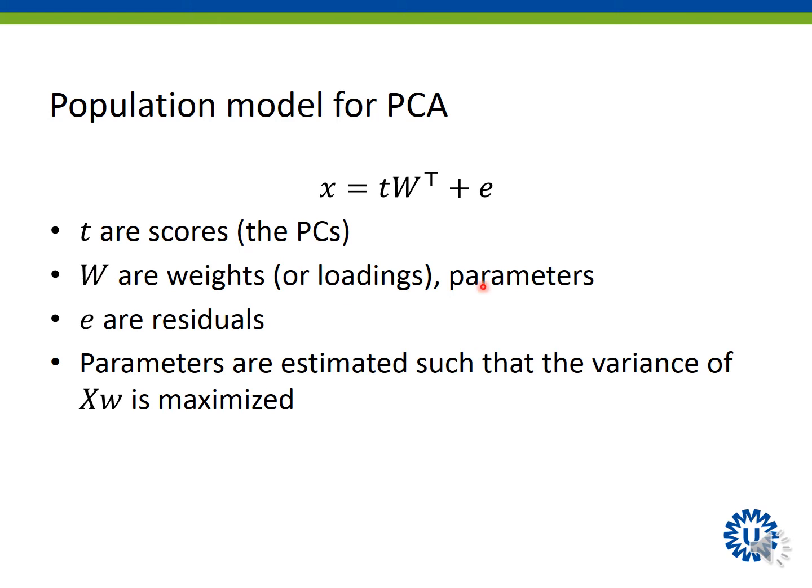And these loadings are the parameters of interest. E is a vector of residuals, and the parameters W are estimated such that the variance of X times W is maximized. So the way to estimate these parameters is to maximize the variance of X times W.